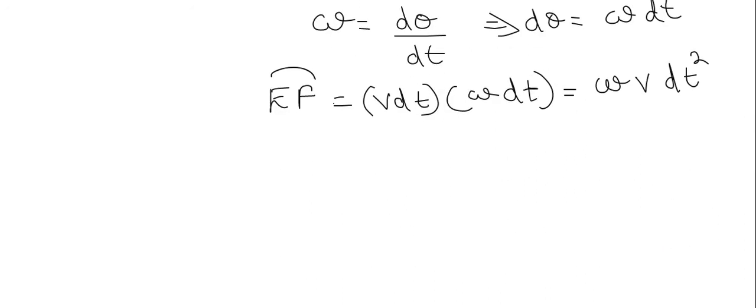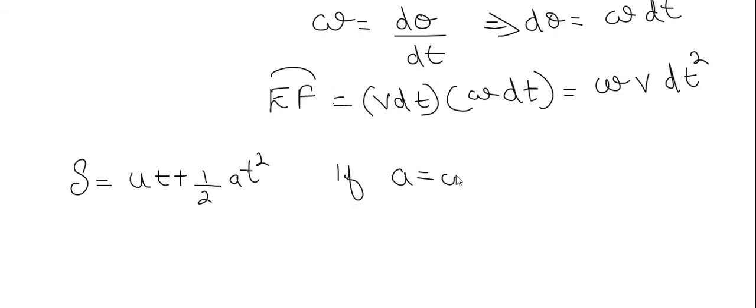Now considering Newton's equation of motion, we know S is equal to ut plus half a t square, if acceleration is constant and u, the initial velocity, is equal to 0, we can write S is equal to half a t square.